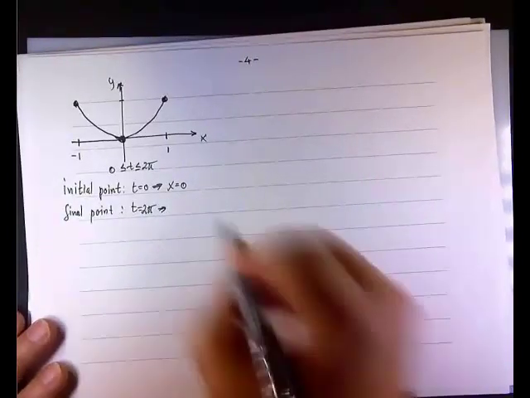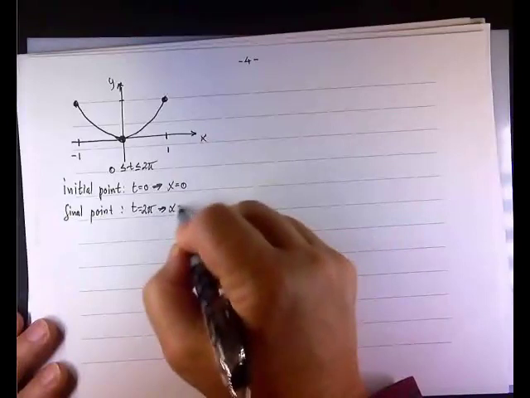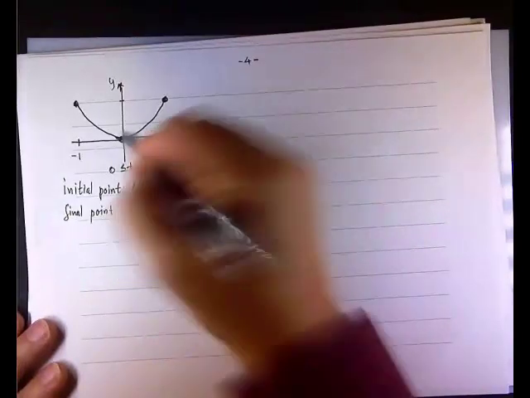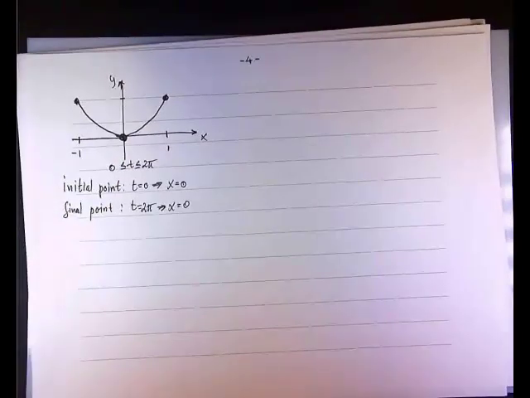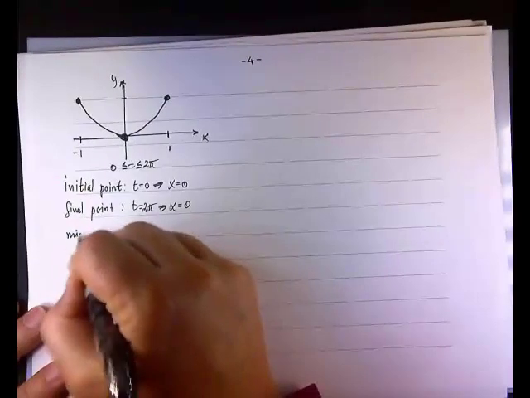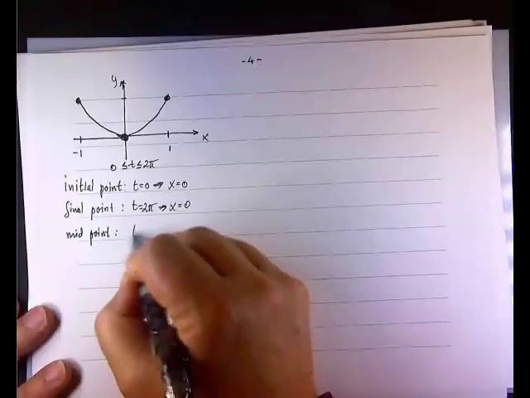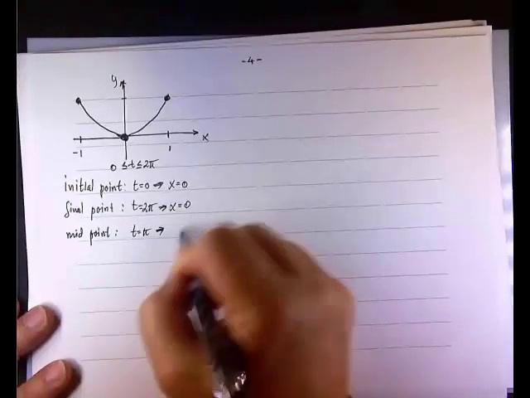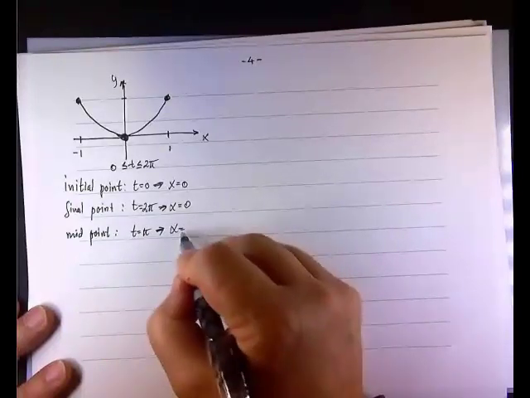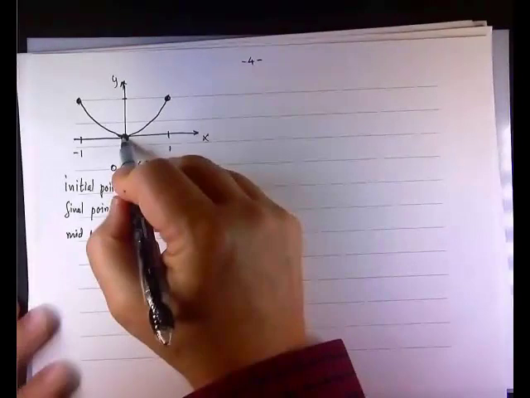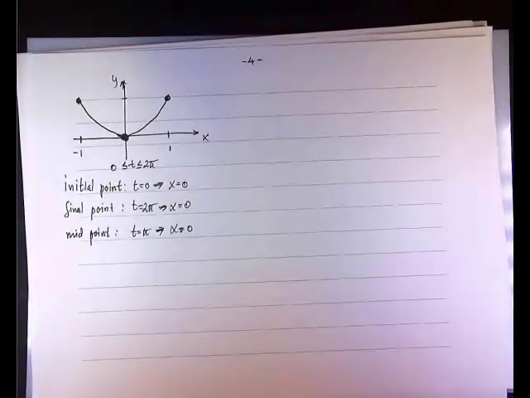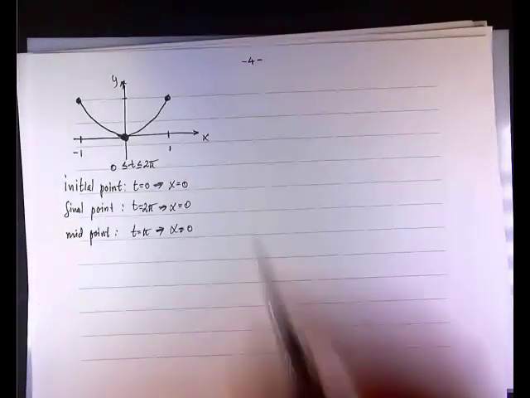But what happened to x, sine of 2 pi? It's still 0. So you're going to say, wait a second. The origin is both the initial point and the final point. But if you think about it, we're going to see it one more time. We can talk about the midpoint, even though it's meaningless most of the time. t equals pi. And once again, x equals sine of pi, x equals 0. So we're going to visit this point 3 times.